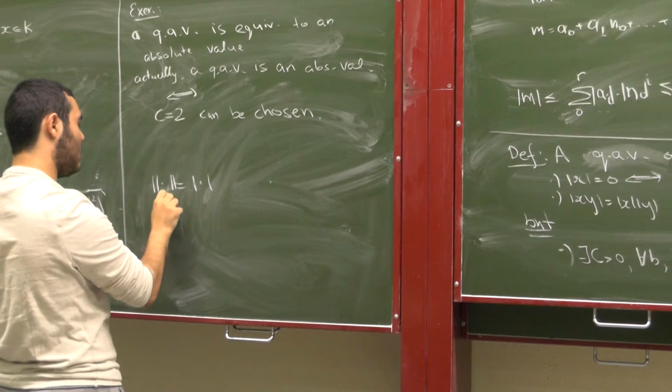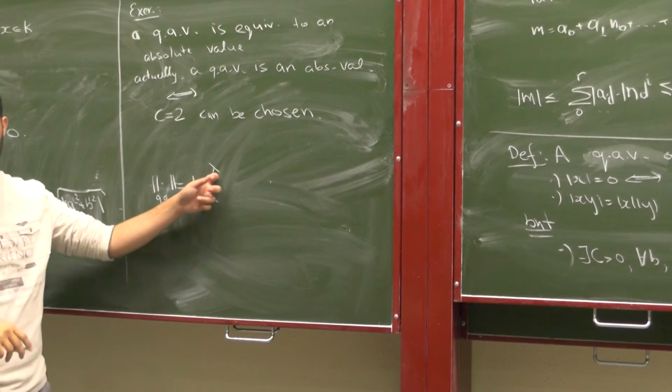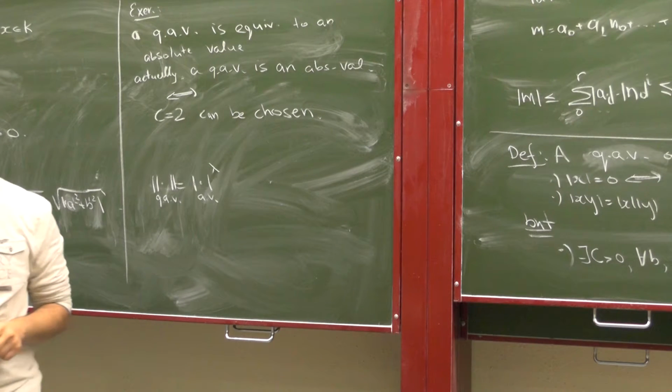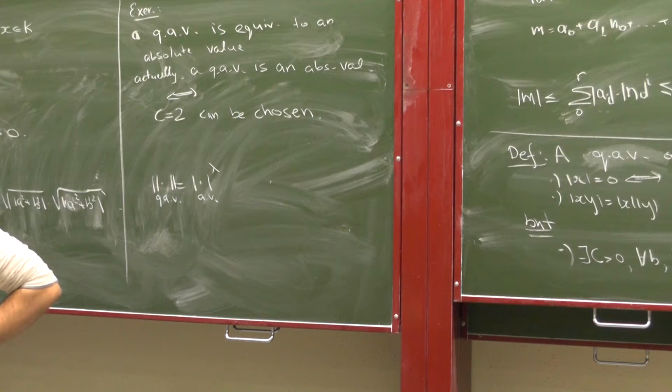If this is a quasi-absolute value, then you can find some absolute value, so that this is true for some power lambda, as we had before. I will not give the hints here, in the interest of time.